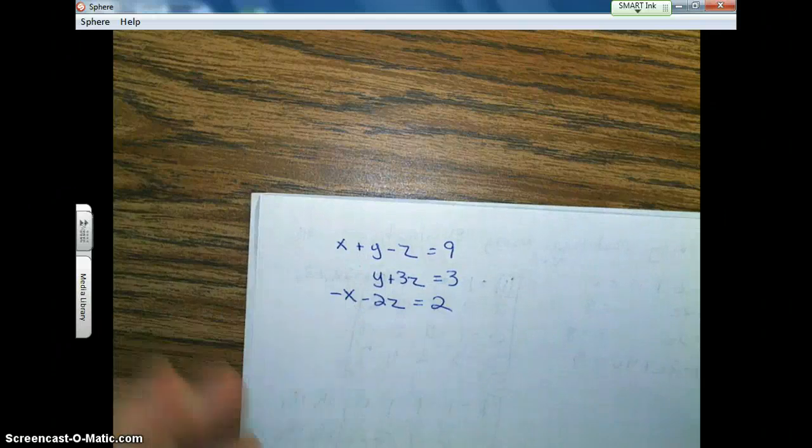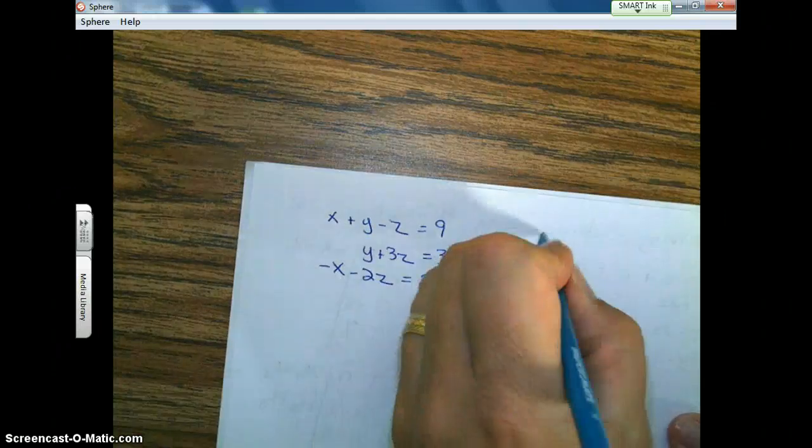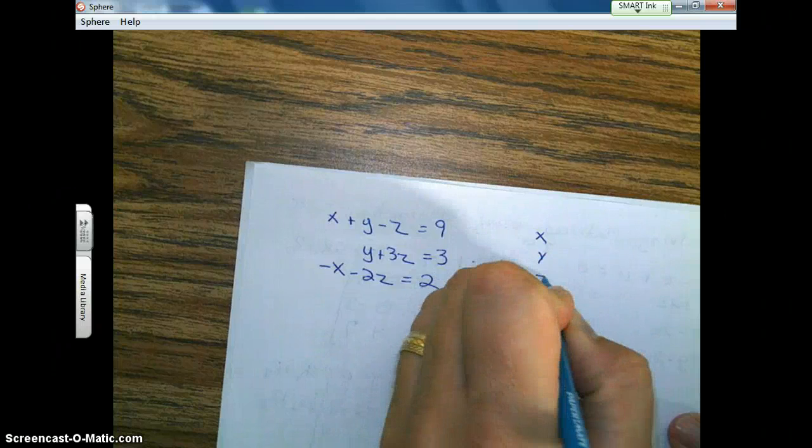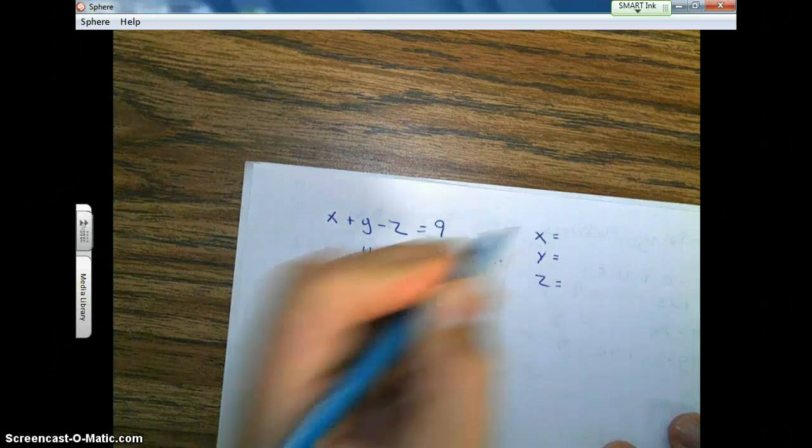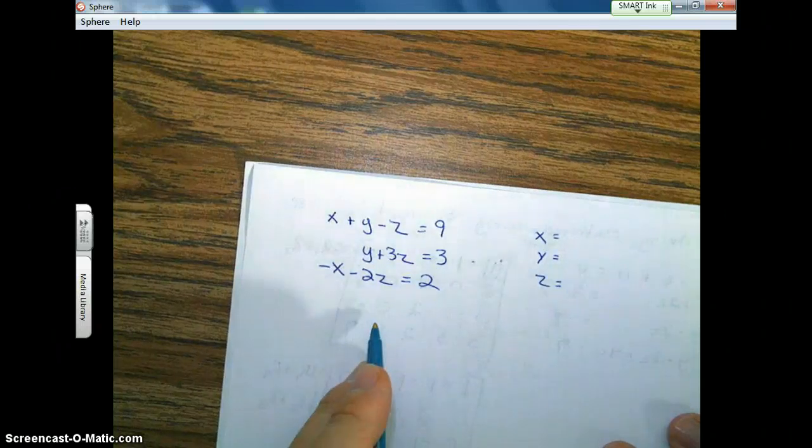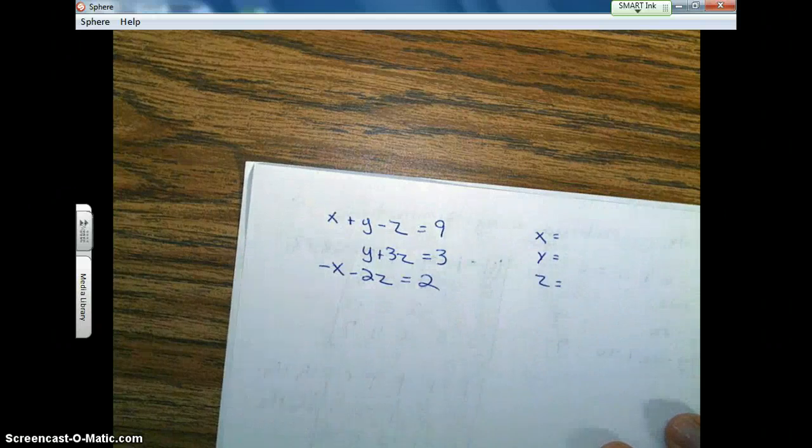You're solving the system. I want to know what x equals, y equals, and z equals, and make sure you use elimination and matrices to solve it.